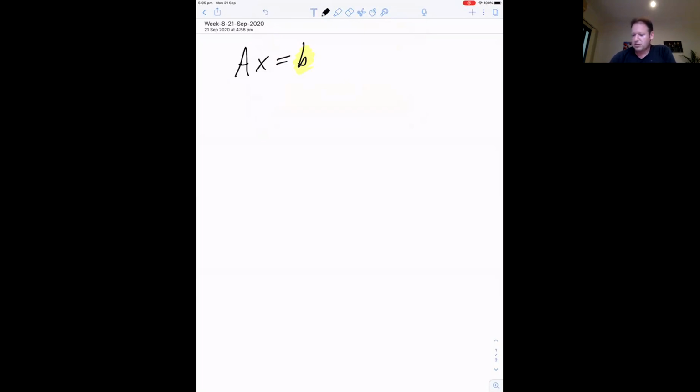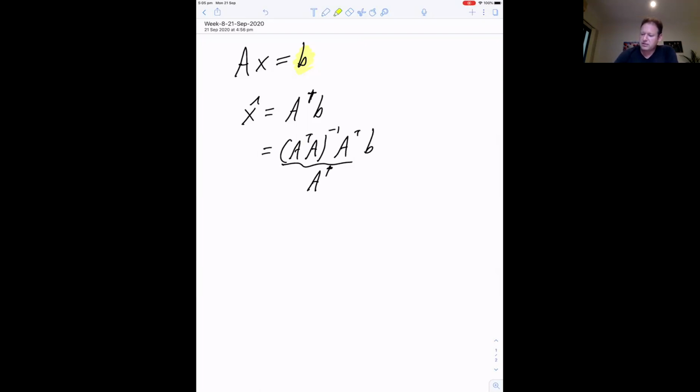Then we sought an approximate solution, x hat = A dagger times b, where A dagger is (A transposed A) inverse times A transpose. That's the Moore-Penrose pseudo-inverse, A dagger. The assumption for the existence of this inverse was that the columns of A are linearly independent, so A is skinny full rank.